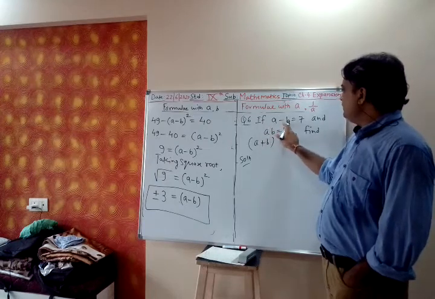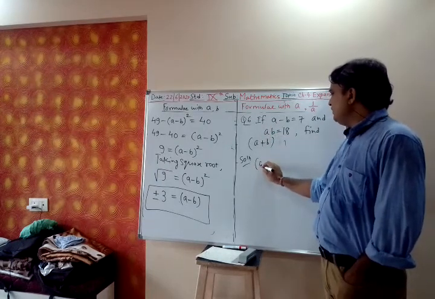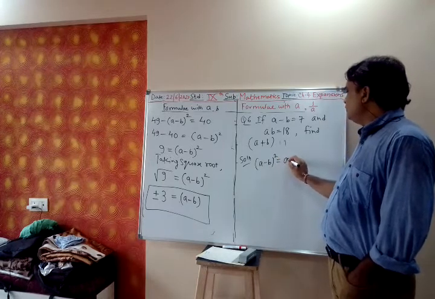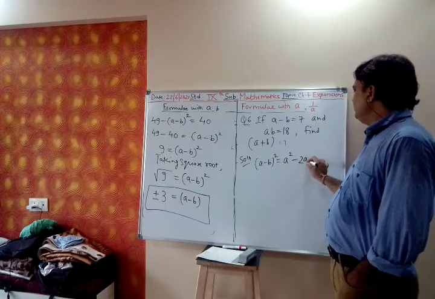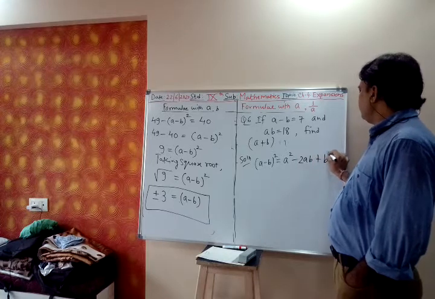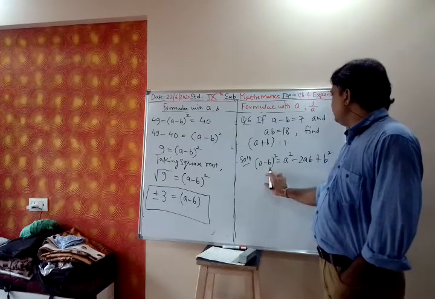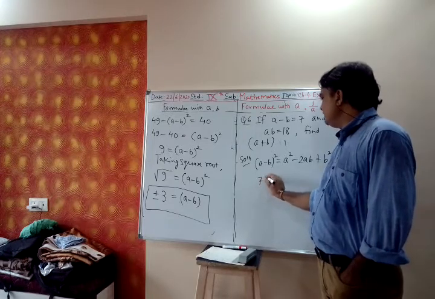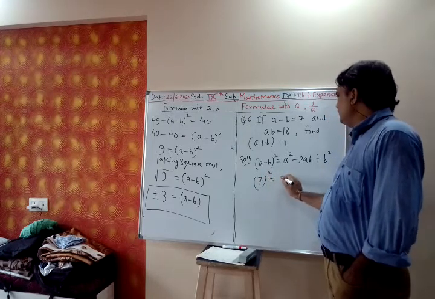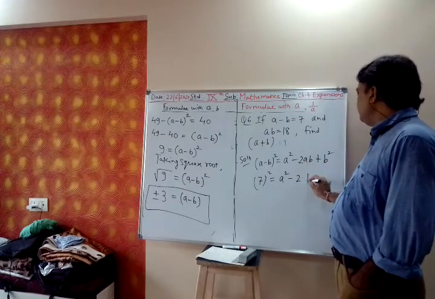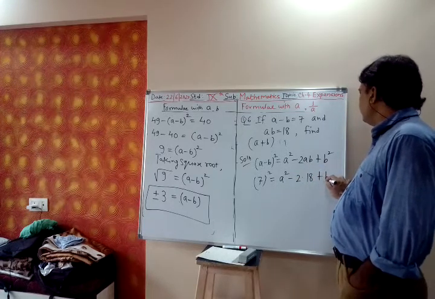You are given a minus b, so I will consider a minus b whole square. What is a minus b whole square? a square minus 2ab plus b square. What is a minus b given? a minus b is given 7. 7 square is a square minus 2 into ab. ab is given 18. 2 into 18 plus b square.